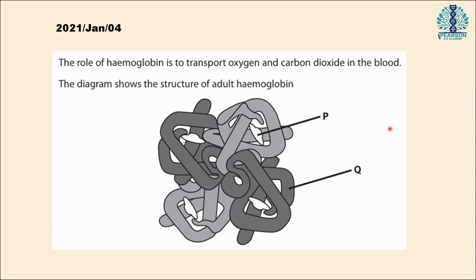You can see that P is indicating a core part of this subunit, and Q is denoting some part of this polypeptide chain. I think you already know the structure of hemoglobin. It's simply made up of polypeptides, and it has two types of subunits called alpha and beta, and each subunit has a heme group at its core.